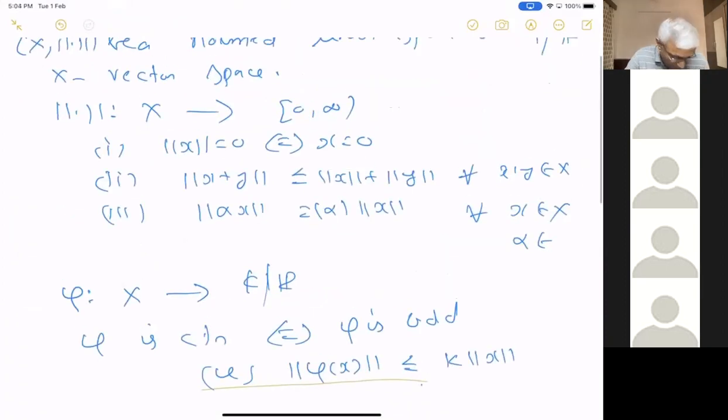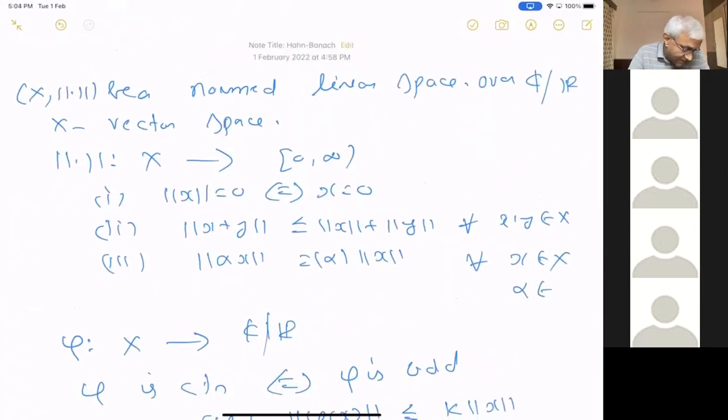So you have seen some Banach space theory. We will be discussing X, which need not be a Banach space. Let X be a normed linear space.